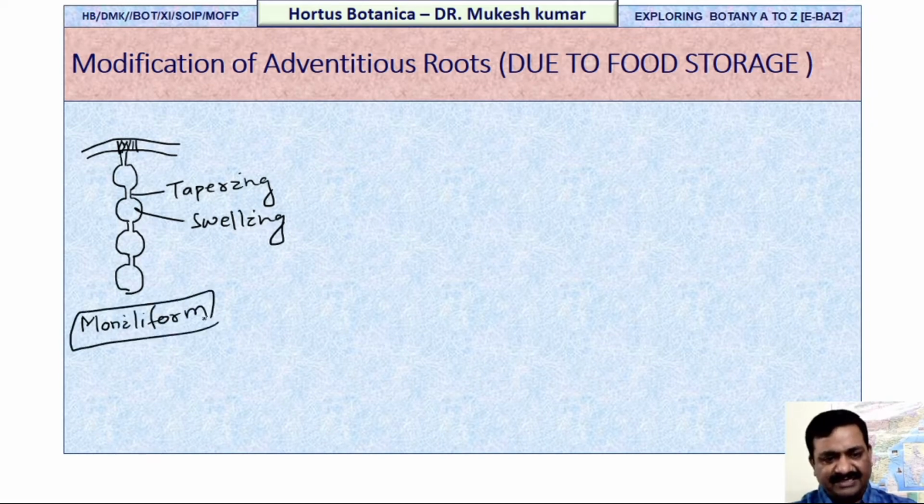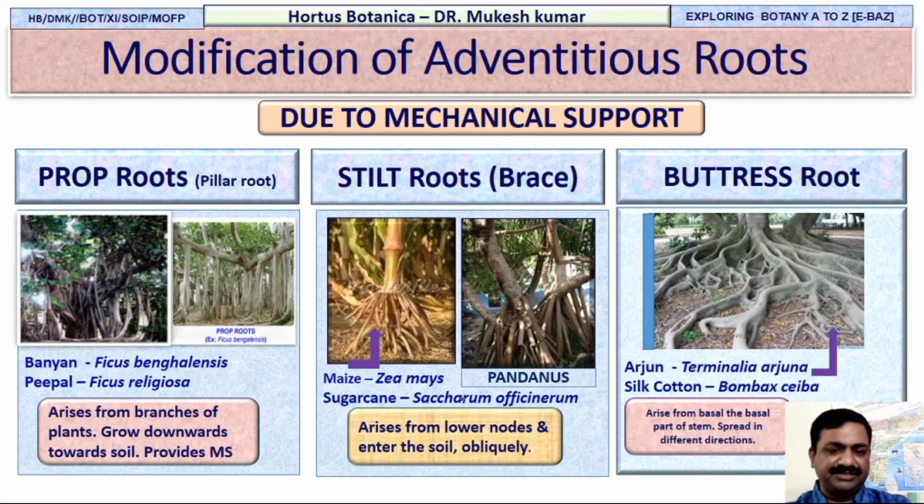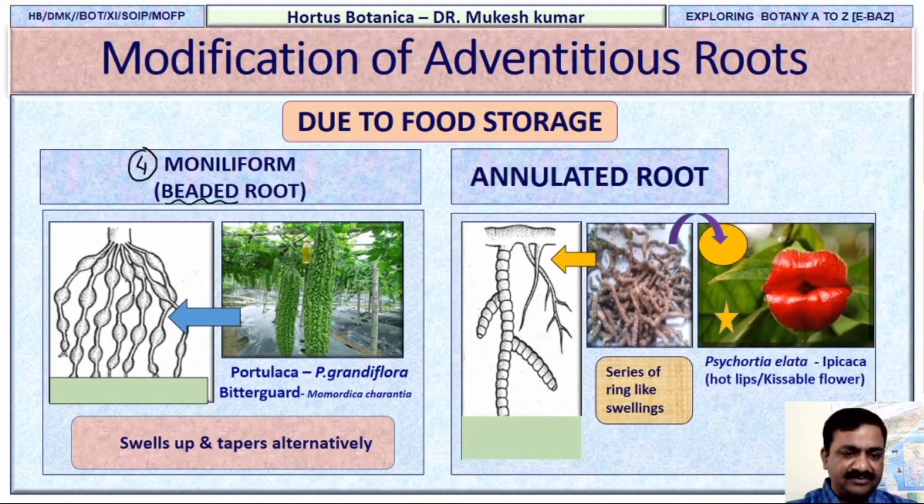This is very interesting, right? Now see, these are the nodes of the stem. Again, taper, swelling, taper, swelling, so alternatively it appears. And see what I have given in the characters: swells up and tapers alternatively, as we found in the diagram.